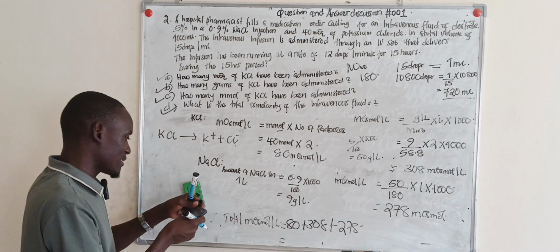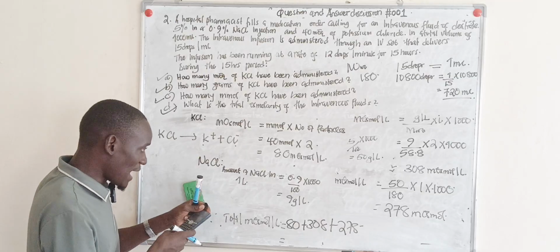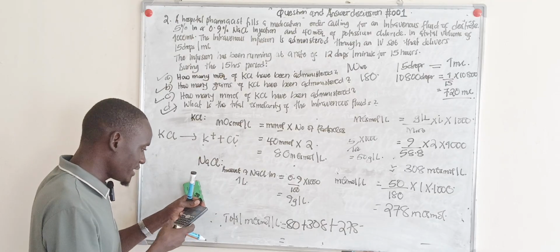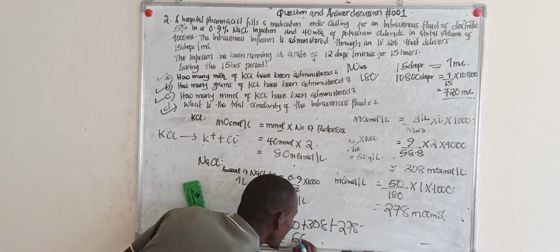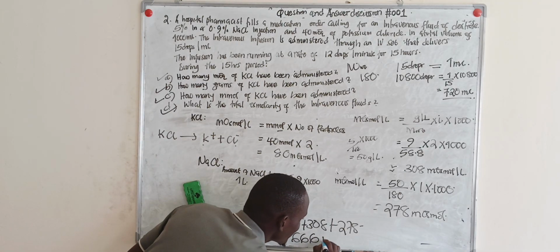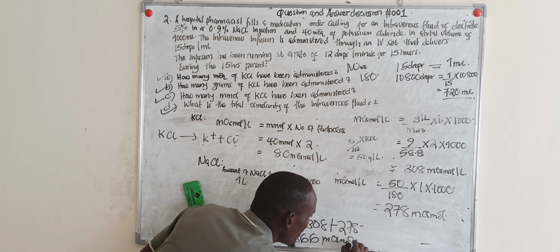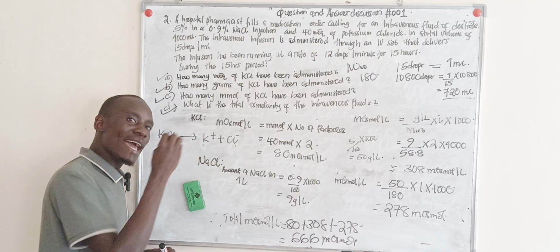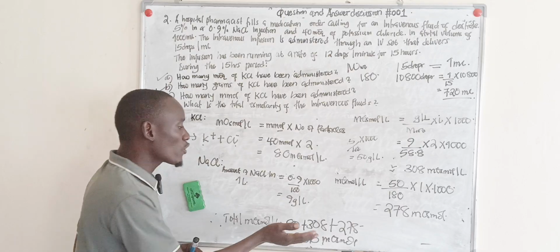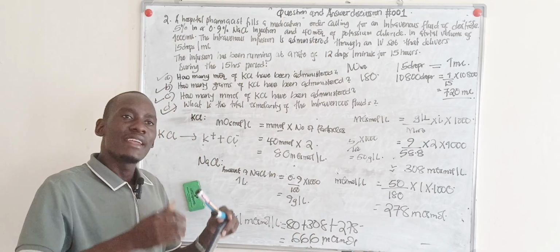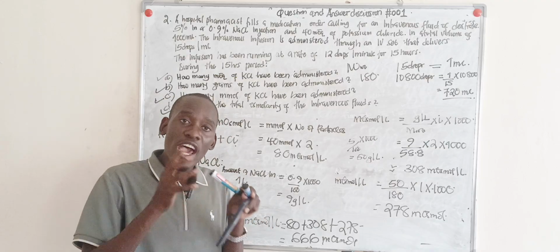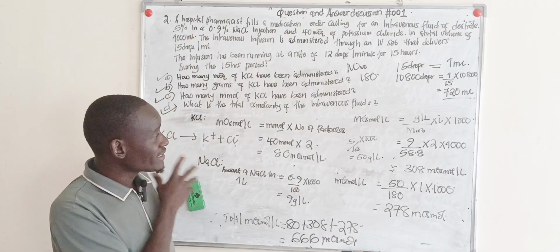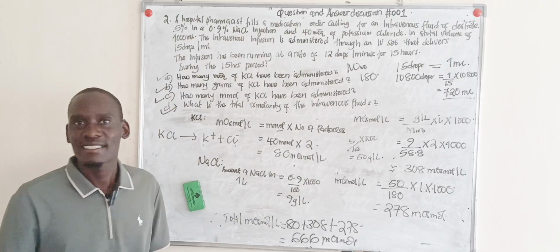This will give us 80 plus 308 plus 278, approximately 666 mosmols. And that can tell you that this solution is hyperosmotic because it is greater than the normal range of serum milliosmoles. And that is how we attack such a question.